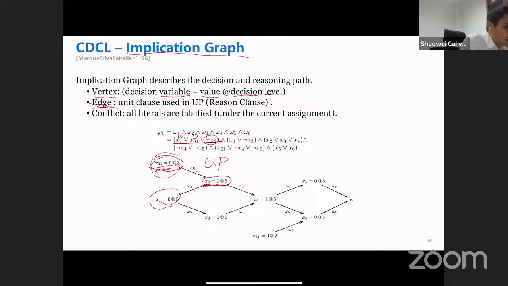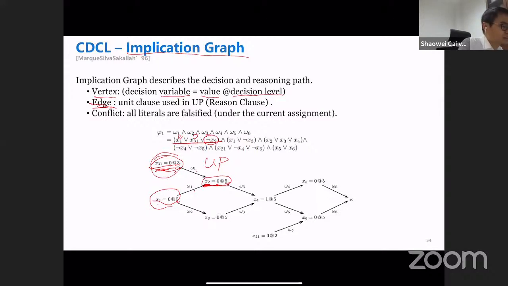And this is at the largest level of the clause's variables. Now, in this way, we can construct an implication graph during the search. And this graph is very critical for CDCL.